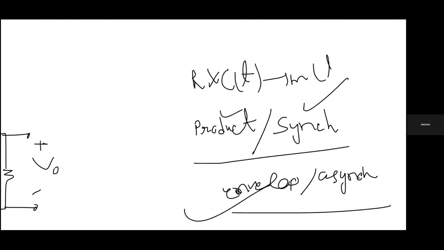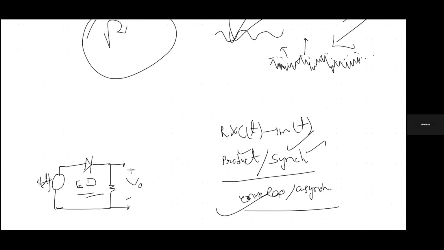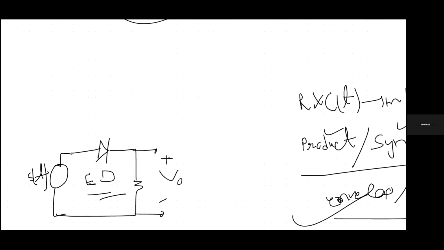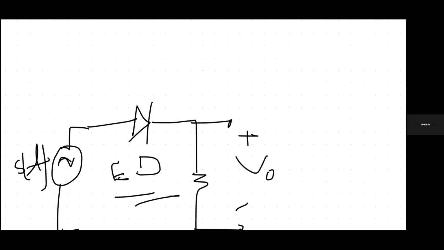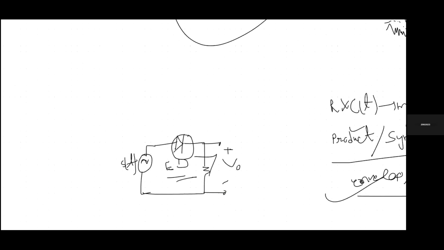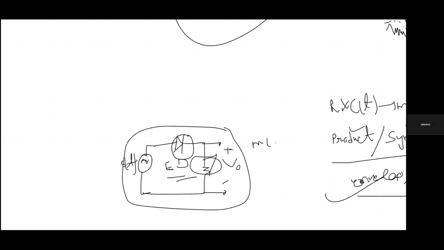In the asynchronous technique, we can say that it is envelope detection, using an envelope detection circuit, where we have the modulated signal and only a diode and a resistor. By this circuit, we will get the original message signal without needing the carrier signal as the reference. We will not need it here.